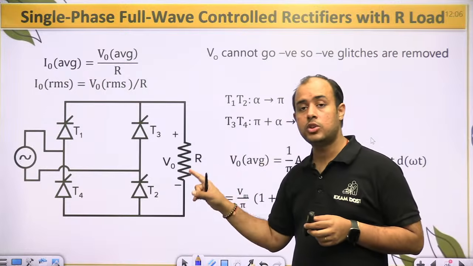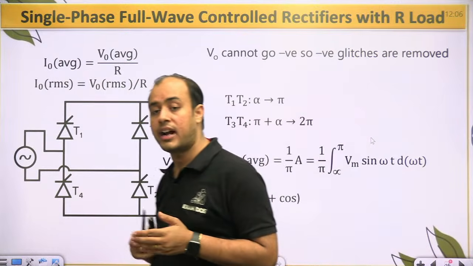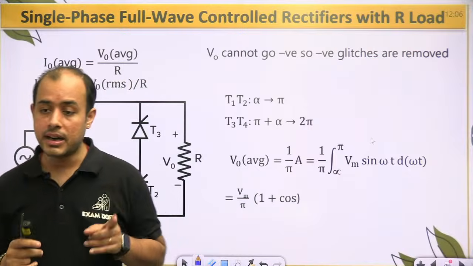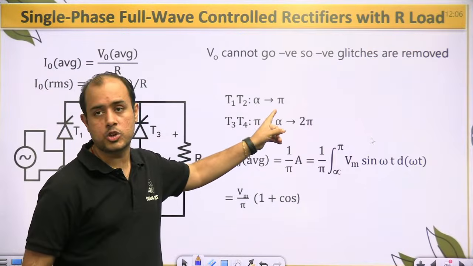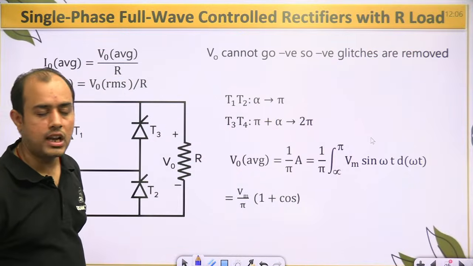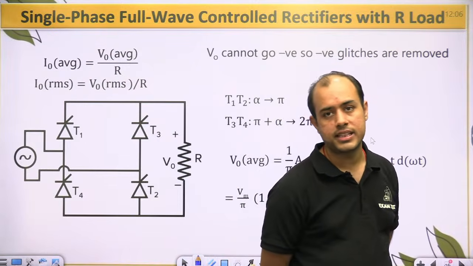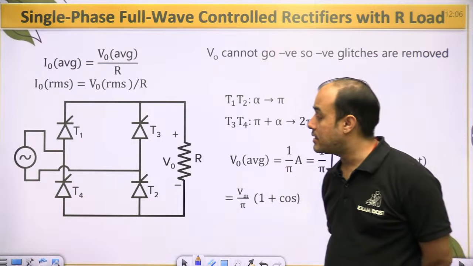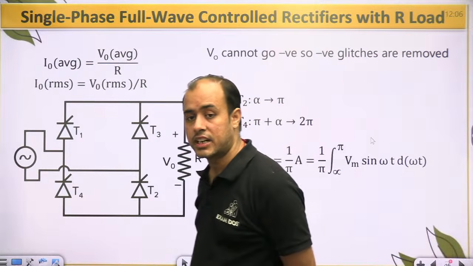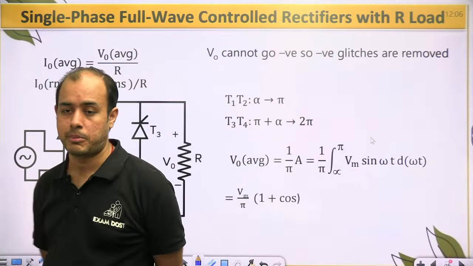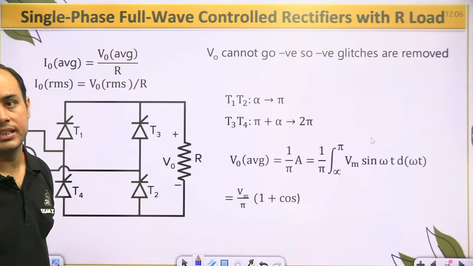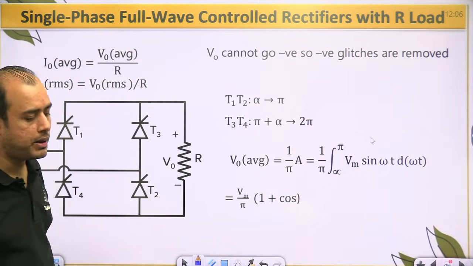So T1, T2 will not conduct from alpha to pi plus alpha, but they will conduct from alpha to pi. T1, T2 अल्फा से पाई प्लस अल्फा तक नहीं जाएंगे, ये सिर्फ अल्फा से पाई तक जाएंगे. And T3, T4 will not conduct from pi plus alpha to 2 pi plus alpha, but they will conduct from pi plus alpha to 2 pi.